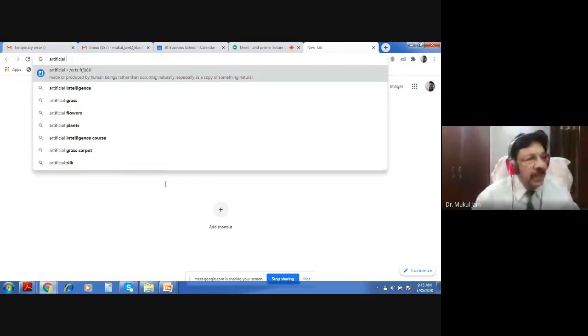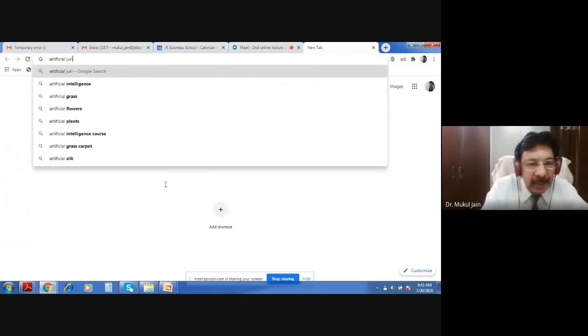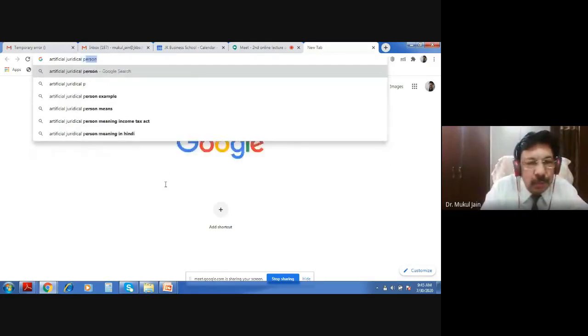You can divert some of your money as income of this artificial juridical person. So it will be enjoying all the facilities of exemption, deduction, and income tax slabs as the Hindu undivided family.